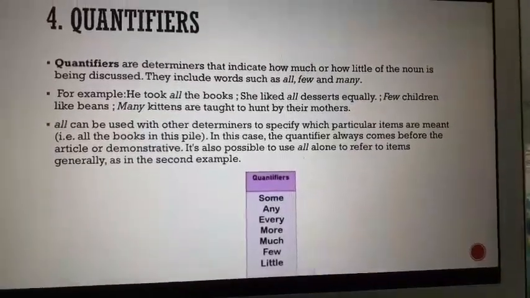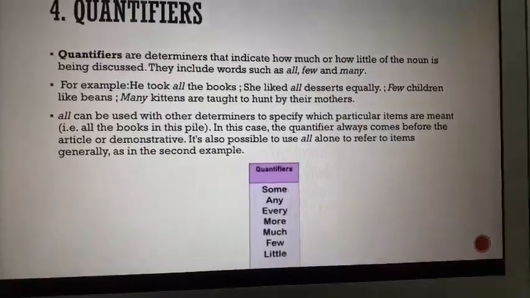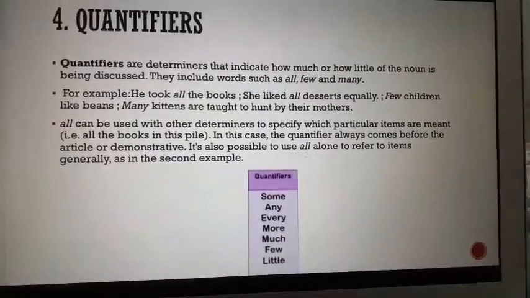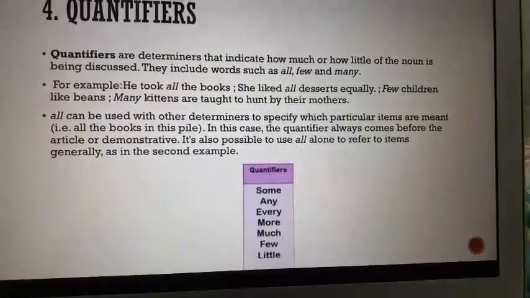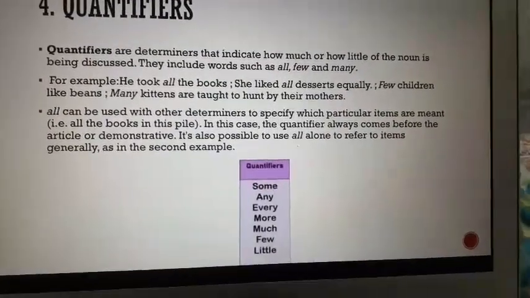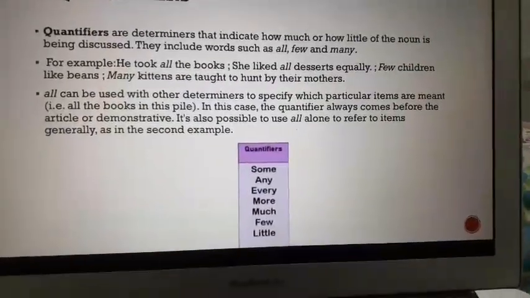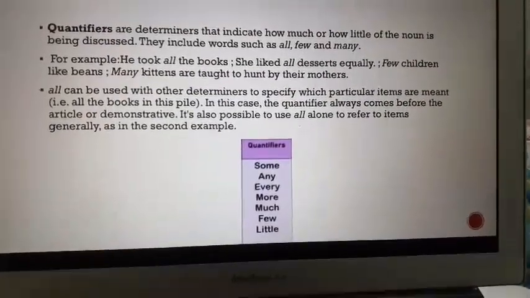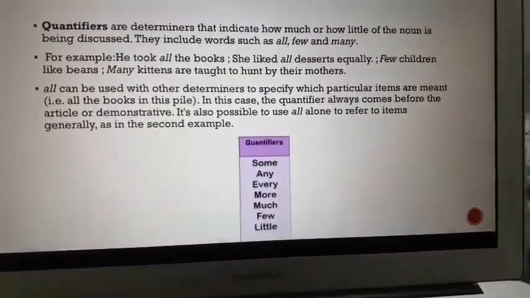It is followed by a noun, right? It's also possible to use all alone by itself. You don't have to put it with something. All alone refers to items generally.